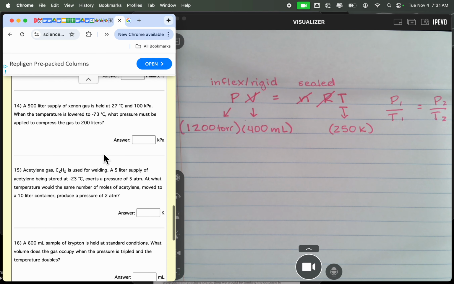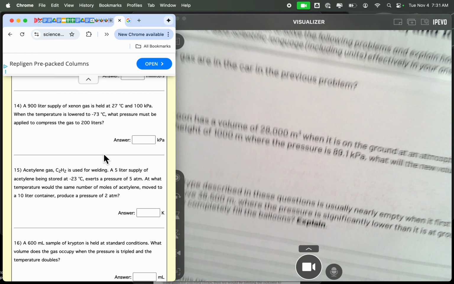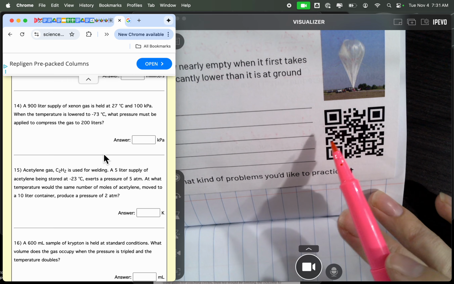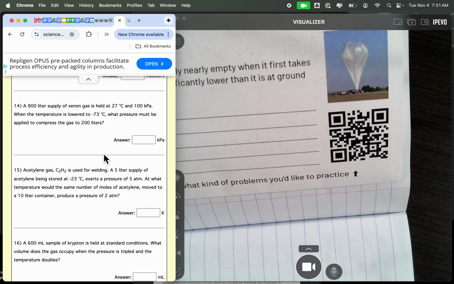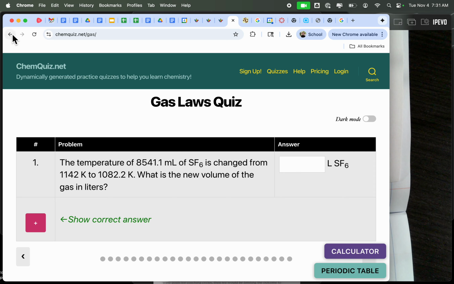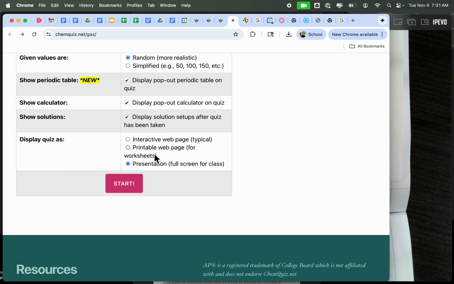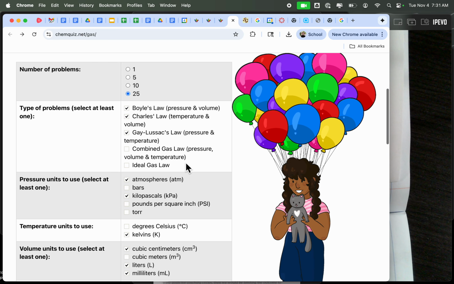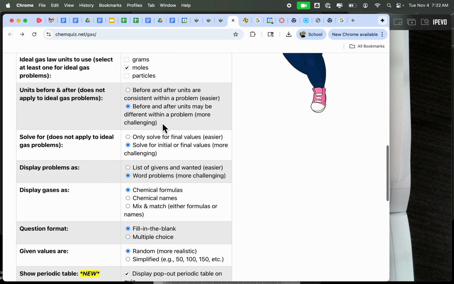Now, if you'd like some practice on those, you can scan this QR code right here. And this QR code will take you to a pretty cool page. This is the gas laws quiz page. Over here, you can set anything you want for your practice problems, okay?